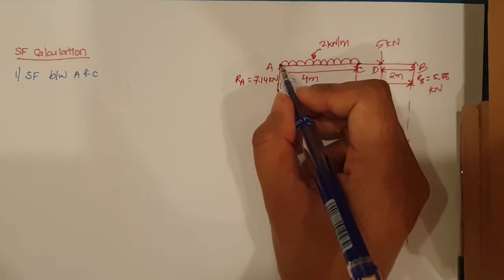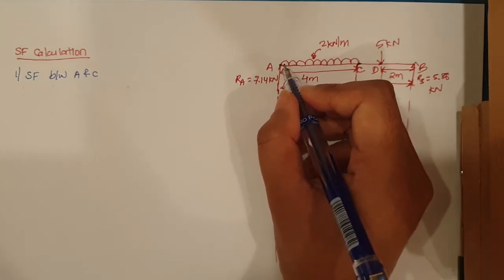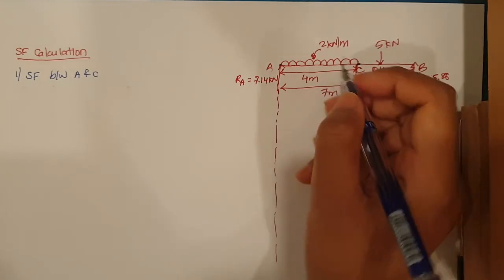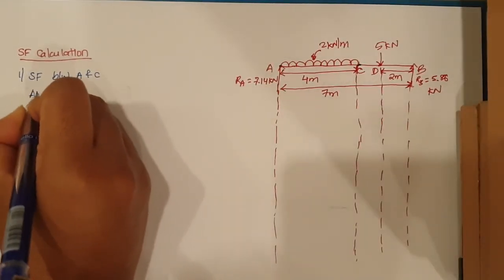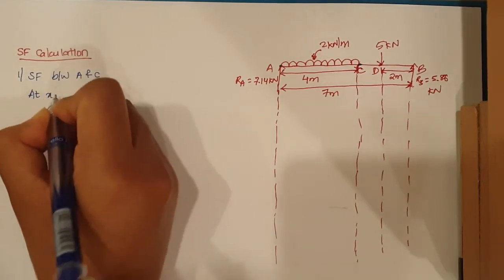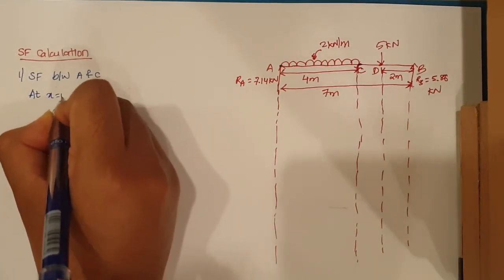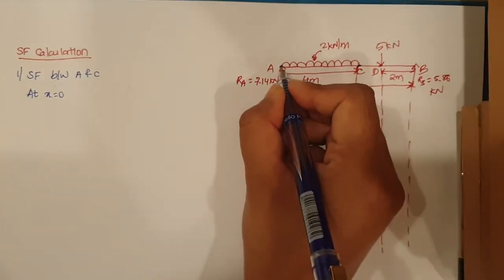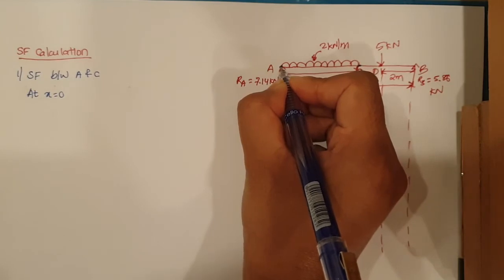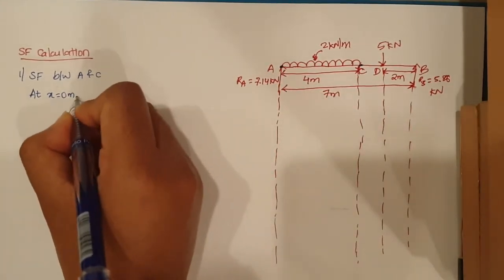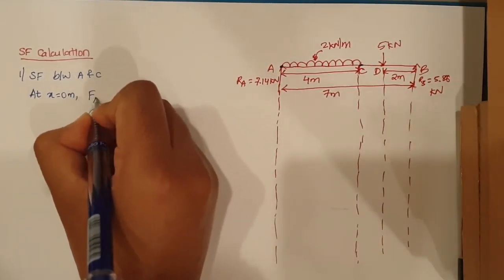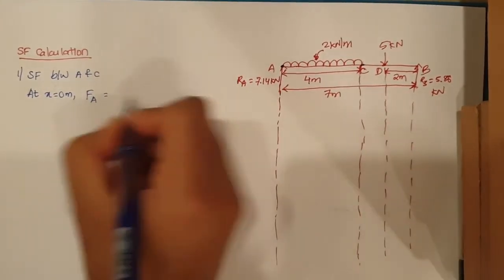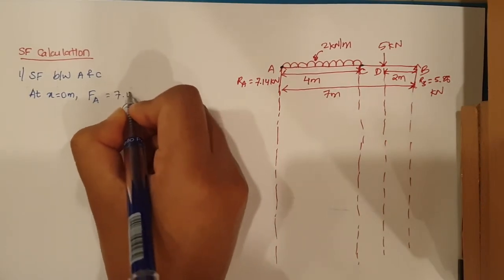And then we need to find when a UDL fully runs for a total span of 4 meters. So let the first distance be at x equals to 0, which is at this point, when the distance traveled by UDL is just the starting point, which is 0 meter. Shear force at A at this point will be equal to RA.